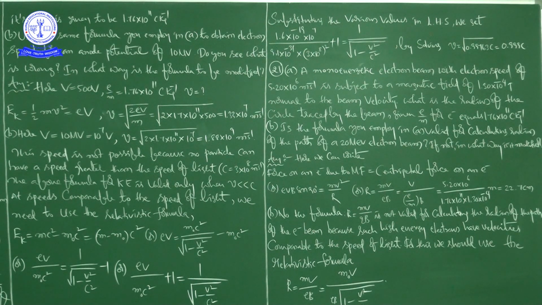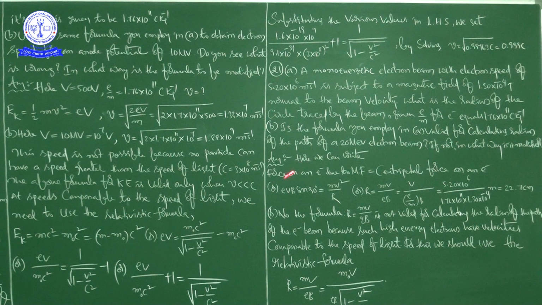Now, the normal magnetic field provides the necessary centripetal force to the electron beam so that it can trace a circular path, right? In the chapter magnetic effects of electric current, we learned what happens when an electron enters a magnetic field at different angles, and regarding the balancing of forces, the force on an electron due to the magnetic field provides the necessary centripetal force, which makes the electron move in a circular path.